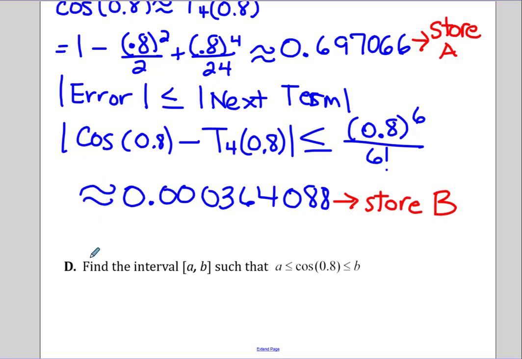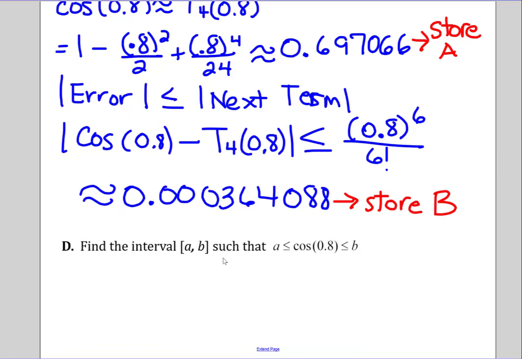So now we can answer part D. Can we find the interval from A to B such that A is less than or equal to the actual value of cosine, and that's less than or equal to B? Just like we did in the previous example, example 1.